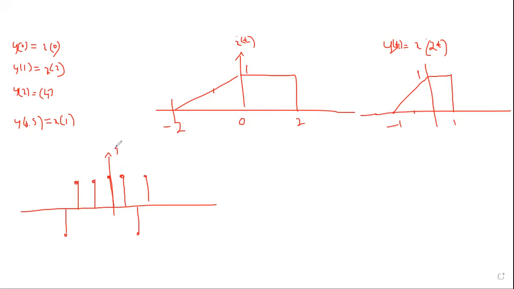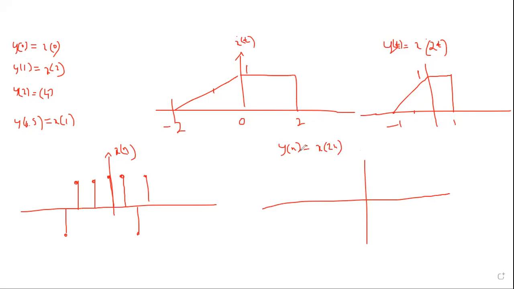Now I have been asked to find a signal y of n equal to x of 2n. For this particular signal, if I want to know what is y of 0, what do you say? What is y of 0?